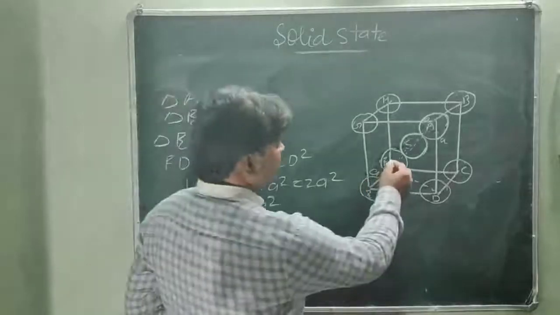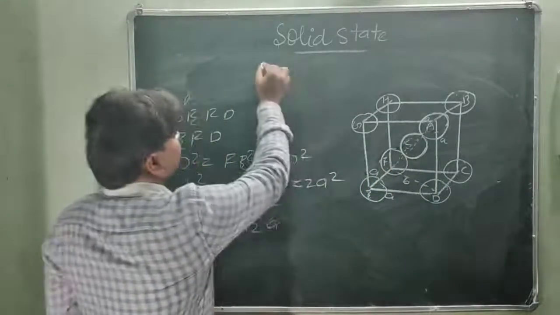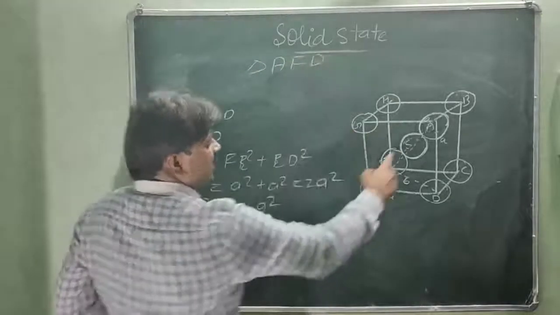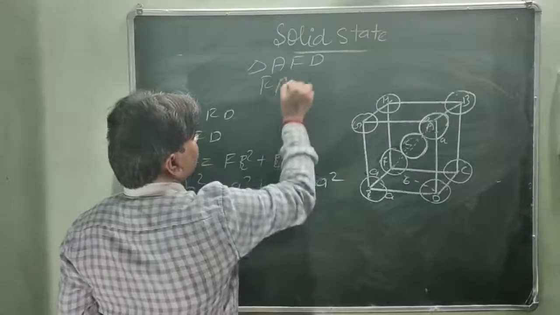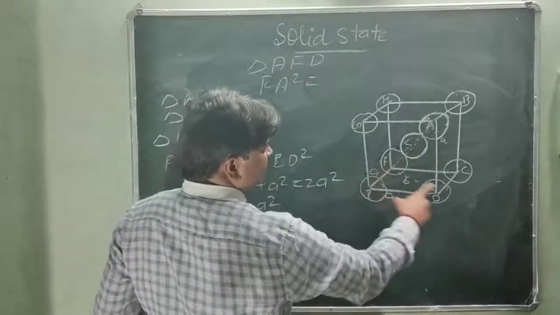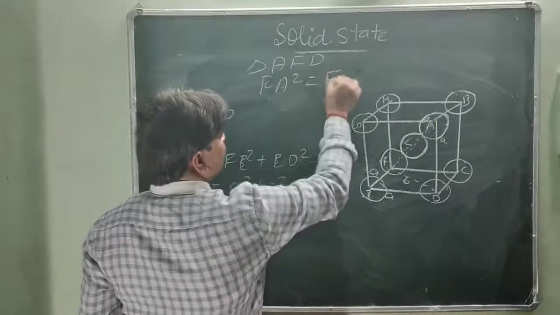Now in triangle AFD, FA square is equal to FD square plus AD square.